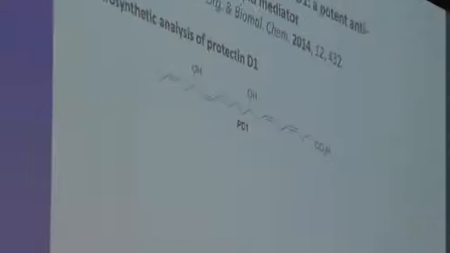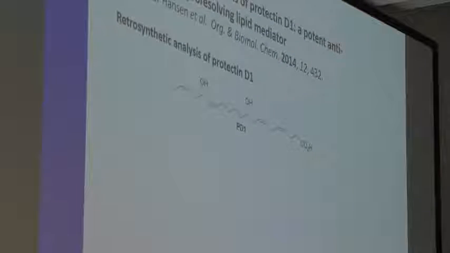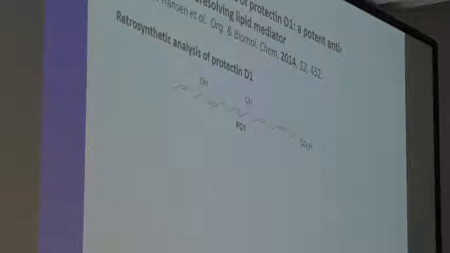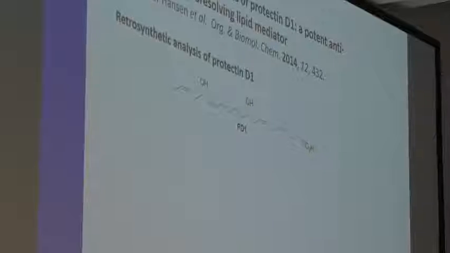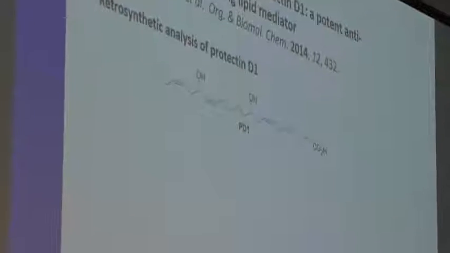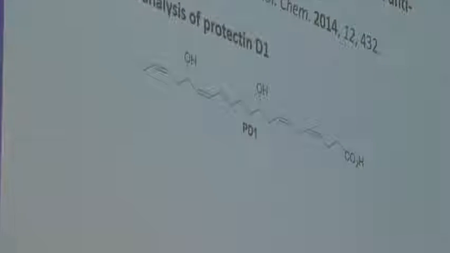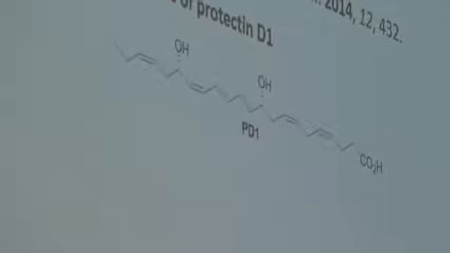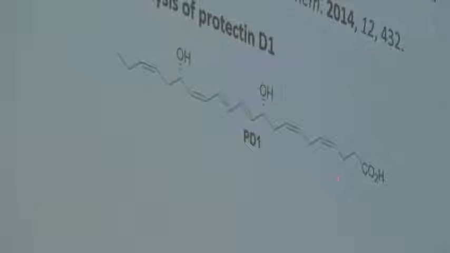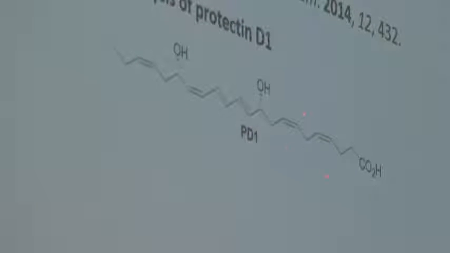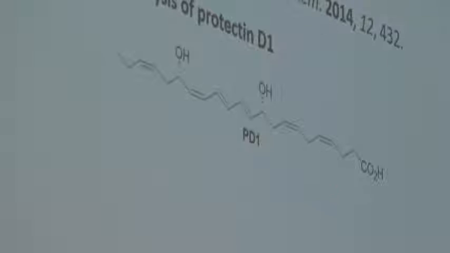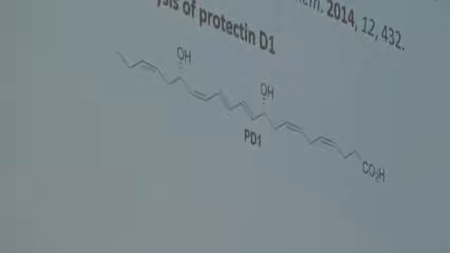The E,E,Z moiety in the middle here will need to be constructed in a stereo-controlled manner and preferably at a late stage in the synthesis. And then you have two cis double bonds, which are not in conjugation and should be constructed in a highly selective manner.